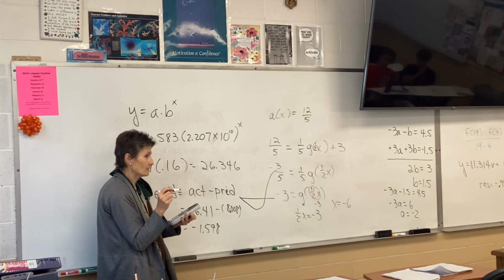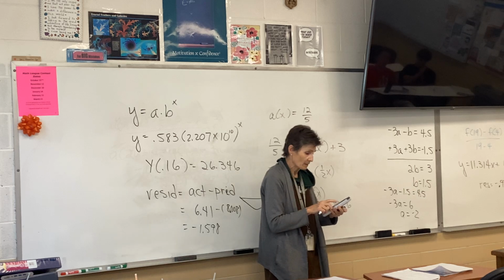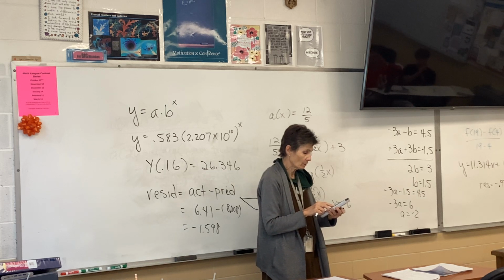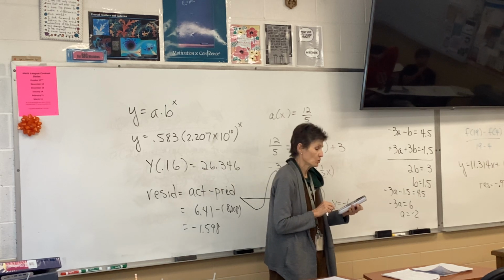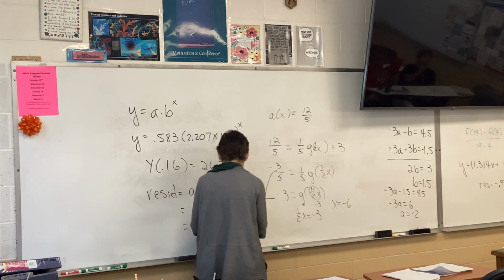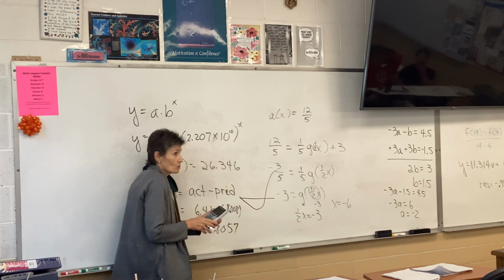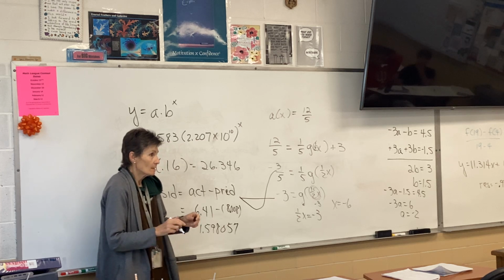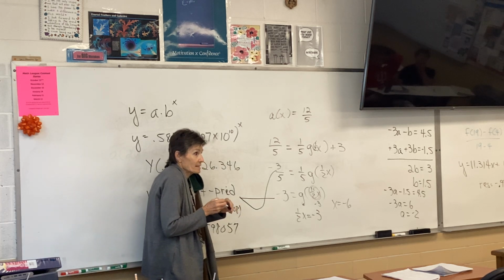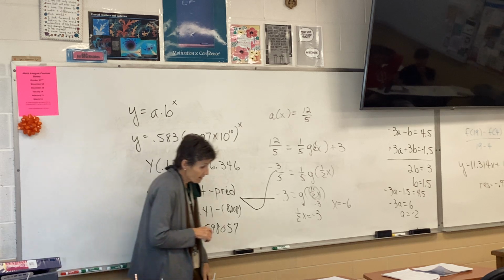And we want the one for 0.11. So if you hit trace and just keep arrowing, you will find the residual for 0.11 is negative 1.598057. So if you need more accuracy, your plot probably gives you the best accuracy. All right?